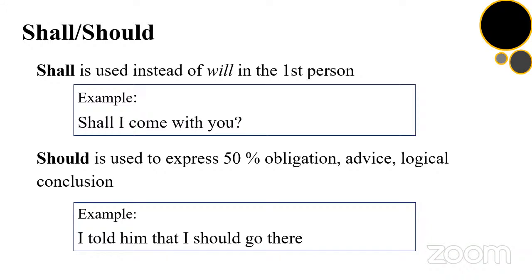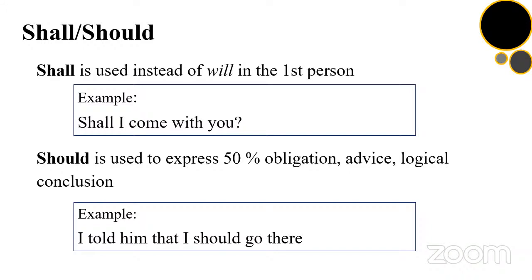What is meant by obligation? For example, when you go somewhere and you are not supposed to do something, they will say, you should not throw the plastic waste here. Ma'am, is that a request? It is not a request. Request is different, like, please give me some water.